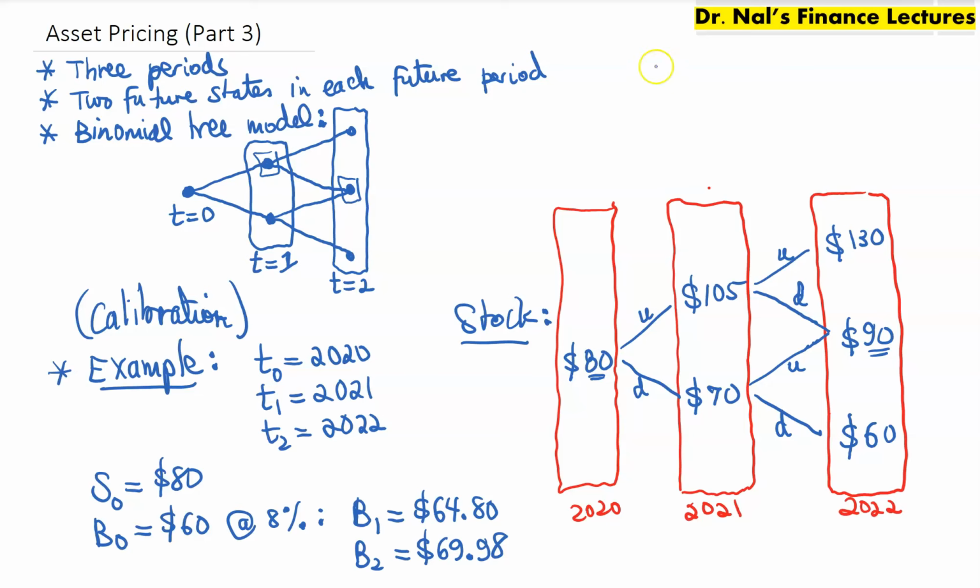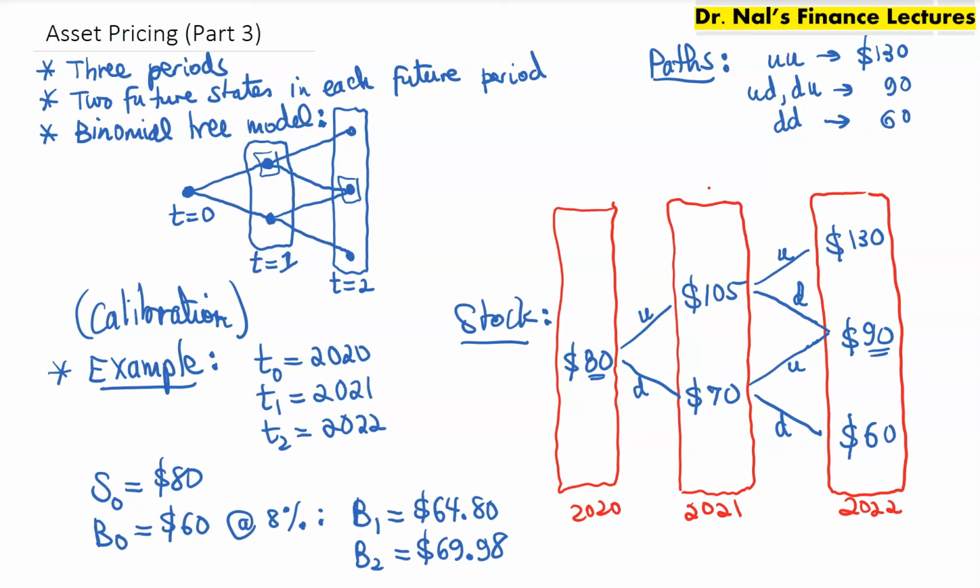The paths available to us is either up and up, after which the stock price will be $130, or it will be up and down, or down and up. It turns out the order does not matter, it is $90. Or what if we are in a case where it is down and down, then the stock price goes down to $60.